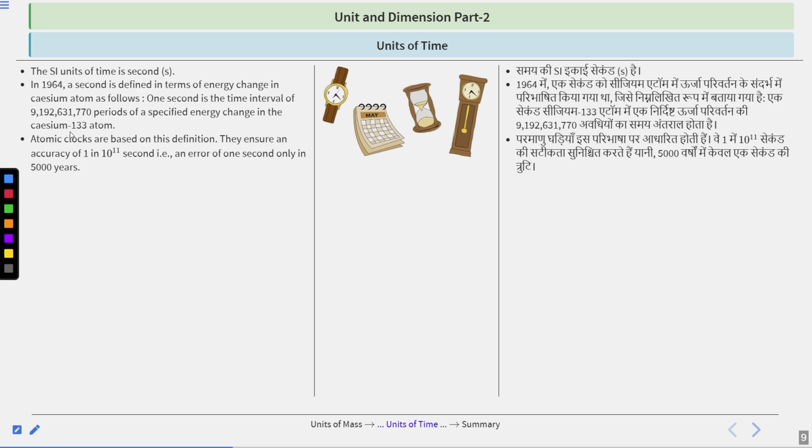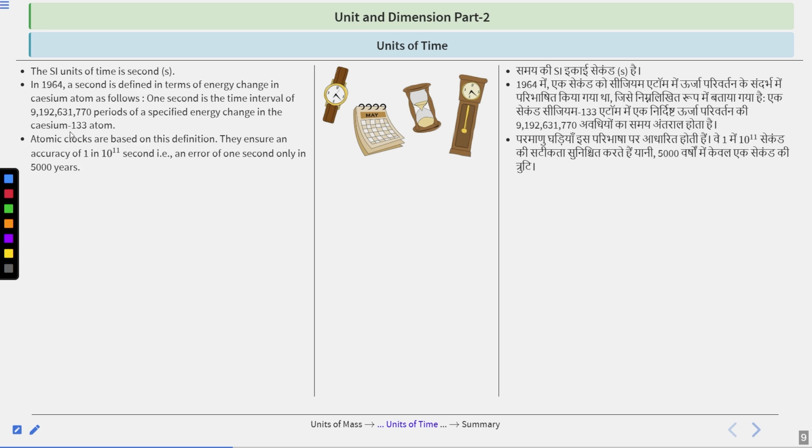Now the question is, as we know, the carbon 12 atom was chosen to define the standard of atomic mass unit because it has a unique capability of 6 protons and 6 neutrons. Why was the calcium 133 atom used? Actually, the calcium 133 atom was used because it reflects the exact radiations that we require to calculate the exact time.